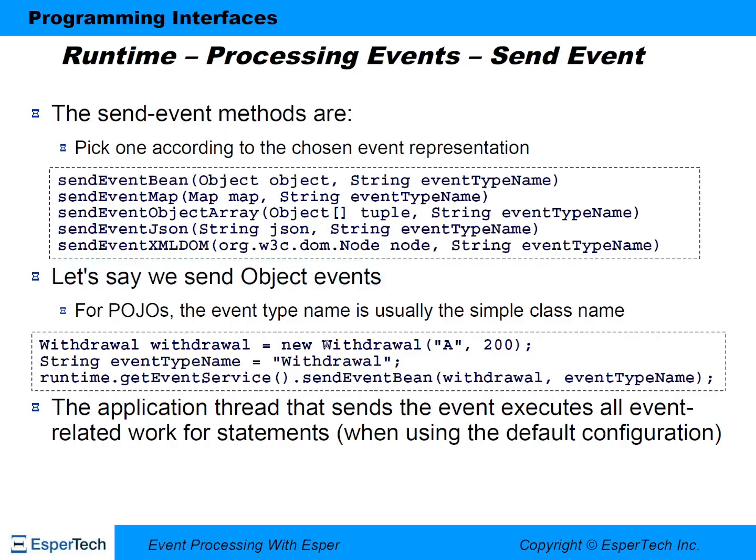The withdrawal class also has getter methods. To process a withdrawal event, the code is runtime.getEventService.sendEvent(withdrawal, event type name). The application thread that sends the event executes all event-related work for statements when using the default configuration.